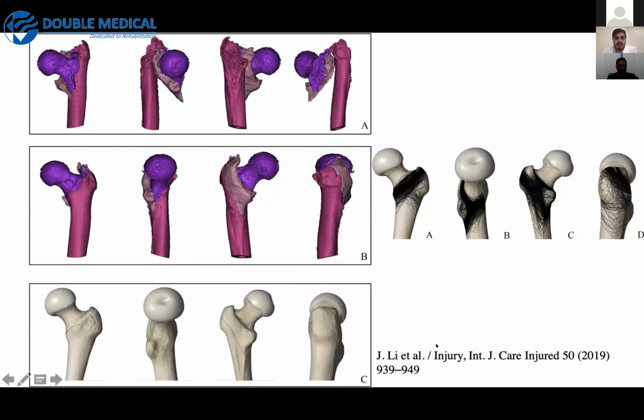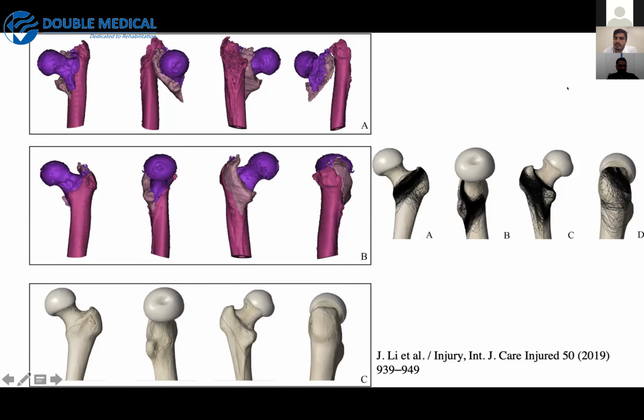This study by Lee showed us that using 3D CT scans, you can see where the fracture lines go. Most of them in the anterior part are just one fracture line. In the medial portion, you have a convergence of the lines from anterior and posterior, compromising the lesser trochanter.